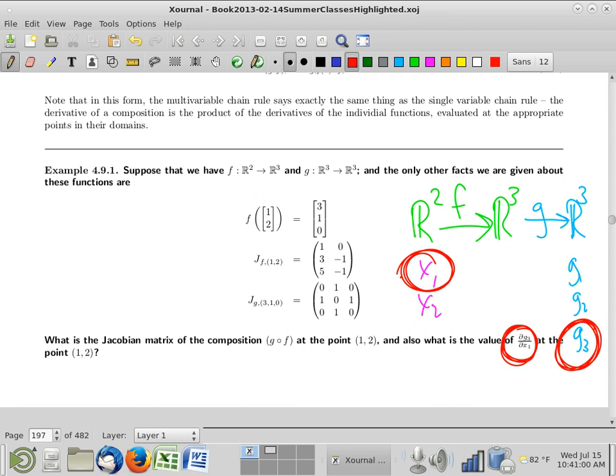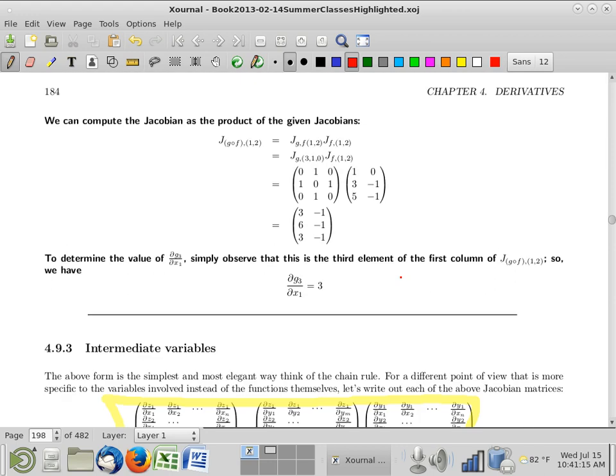We want to know the partial of the third output variable. That means that we're going to be looking in that first column at the third entry. Said differently, third row, first column. Which is that number. So that partial derivative is 3. Everybody good?